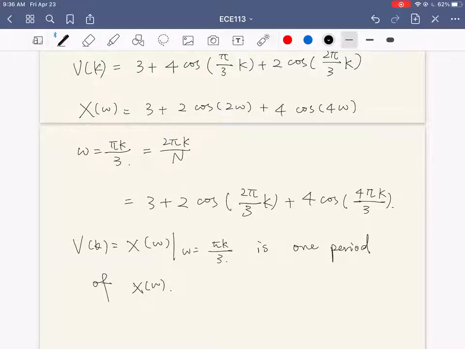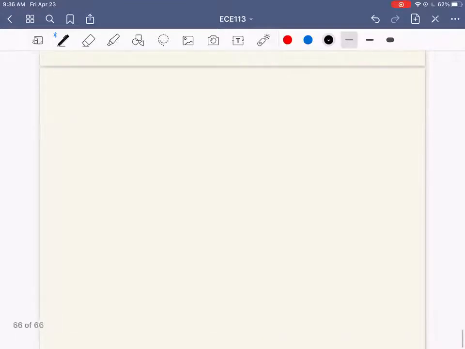Another thing is, someone asked me on Discord about the conversion of an impulse train in the frequency domain. So I'd like to introduce it a bit here. Suppose we have an impulse train.